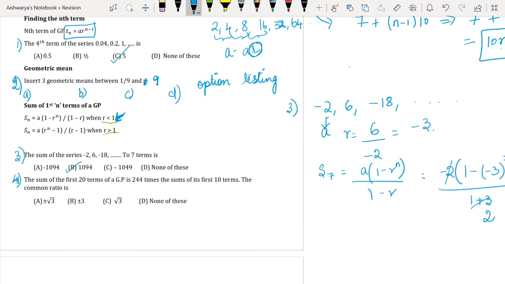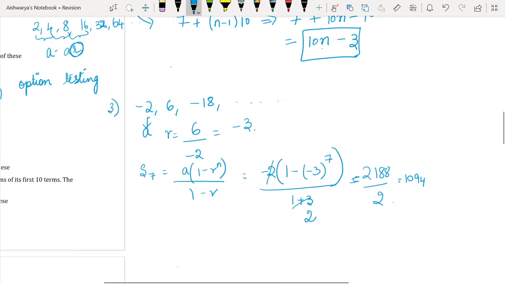Are we clear? Because it is negative 1094. How are you getting negative? Ma'am, our A is negative. No, there is a minus here, so we have to take that into consideration. So you have a minus here, then this will be a minus here, correct.